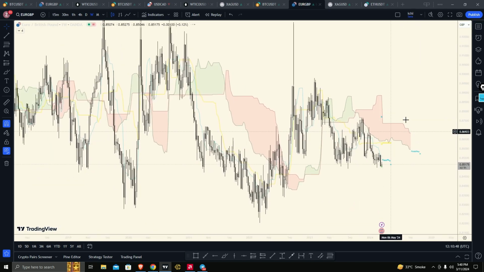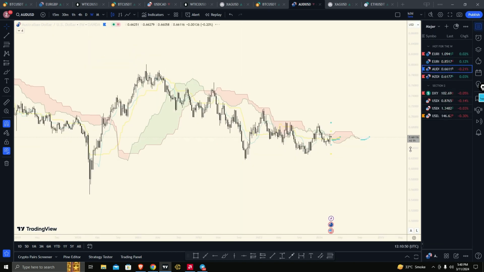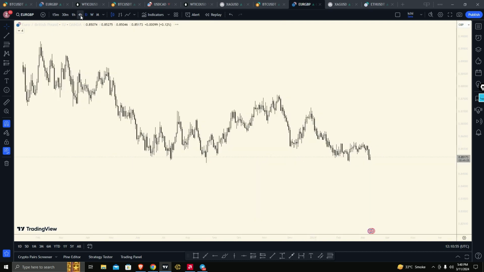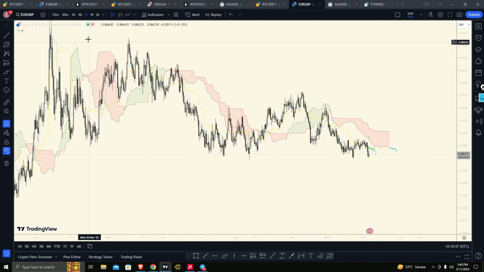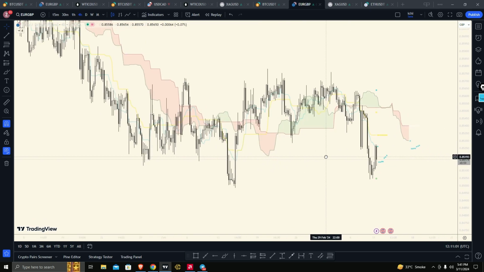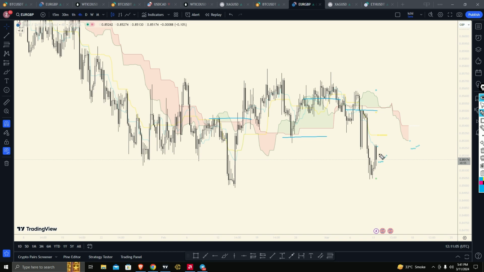Bad example of a chop. If I want to have a look at a very bad chop, it is EG actually. So you can see the H4. Flat cloud everywhere. Only here it starts to move, and the Kumo has got going as well. We have an SR there.